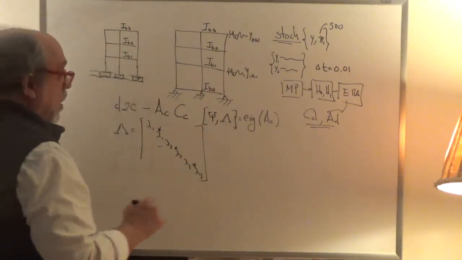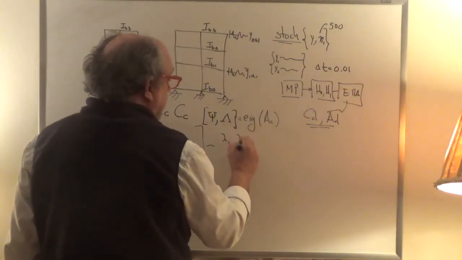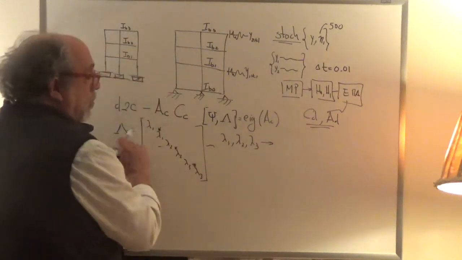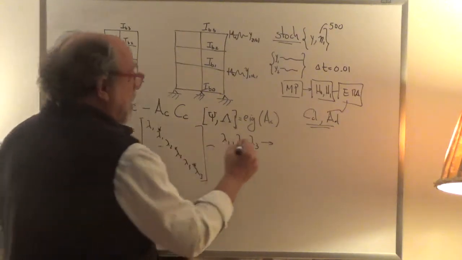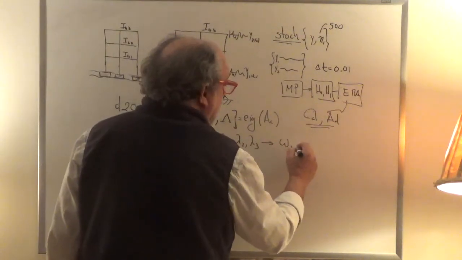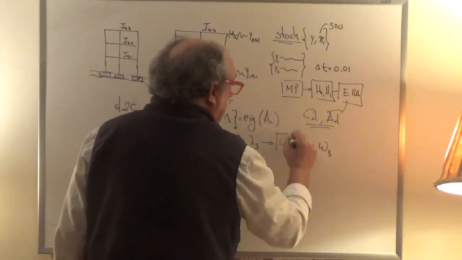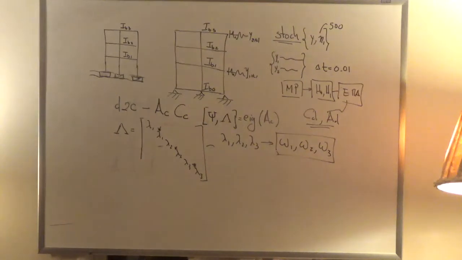So I take my lambda 1, my lambda 2, and my lambda 3, right? And with my formulas that I know how to extract the undamped frequencies from the lambdas, I have omega 1, omega 2, and omega 3, right? So at this point, we have the undamped natural frequencies of our structure estimated.